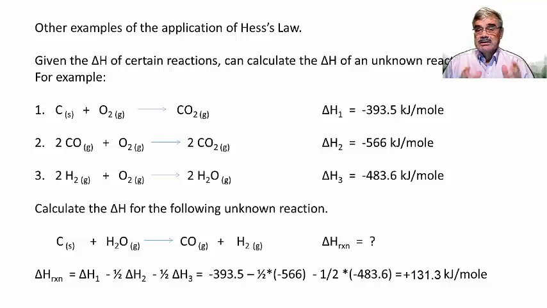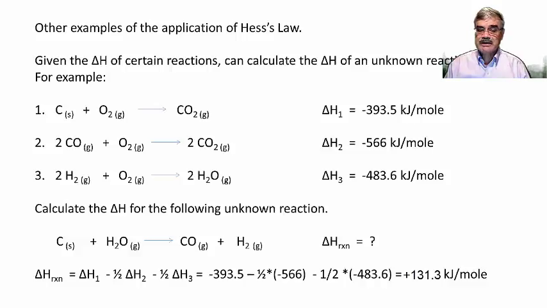But I digress. So here are our three given reactions where the enthalpy changes are given for three reactions. And the question is, can you use these delta H's to calculate the enthalpy change for an unknown reaction? The unknown reaction is carbon solid, reacting with water vapor to form carbon monoxide, gas phase, plus hydrogen gas.